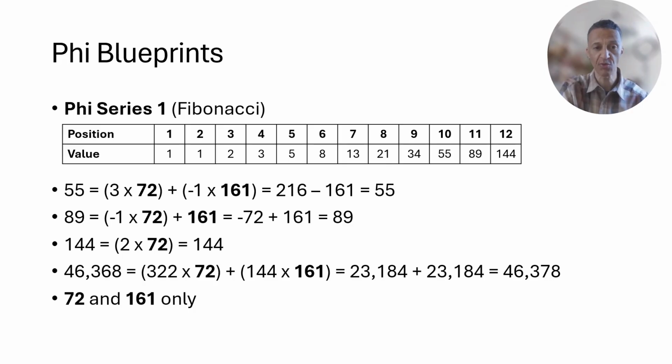If we go to the 24th position, which is 46,368, it's equal to 322 times 72 plus 144 times 161, and that will equal 46,368. So the 72 and the 161 Phi blueprints are the only two out of the three that are required to generate any and all Phi Series 1 Fibonacci numbers.